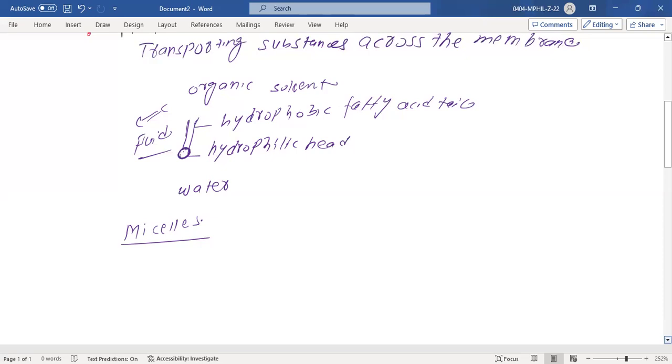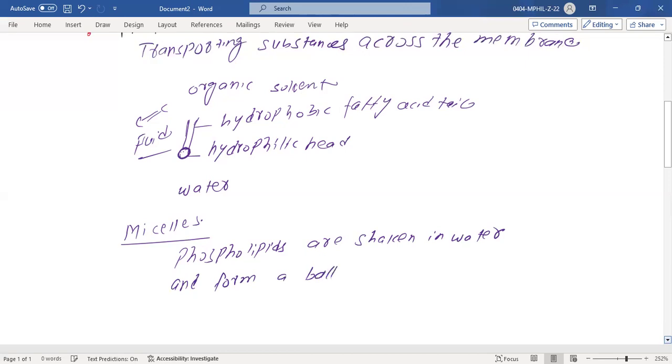When phospholipids are shaken in water, they form a ball-like structure that is called a micelle. Are you getting it?